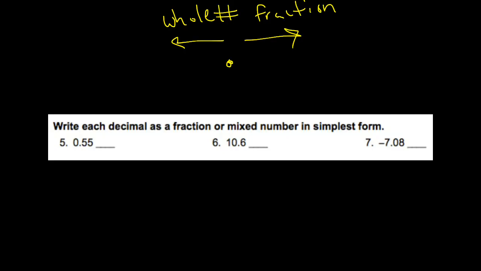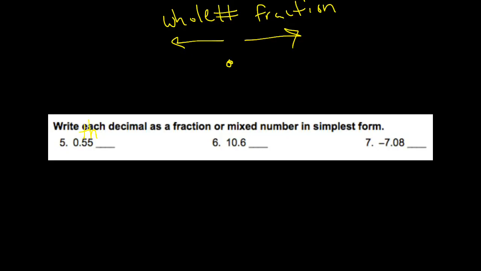So first number, for number 5, I have a decimal point and then 2 5s. I read that as 55 hundredths because I know that the first 5 is in the tens place, the second 5 is in the hundredths place.